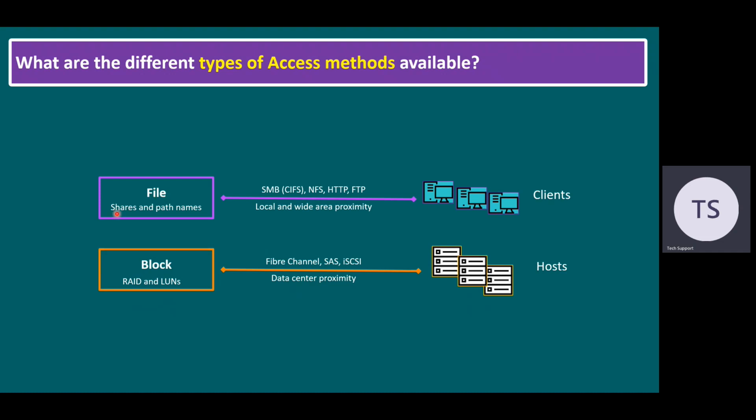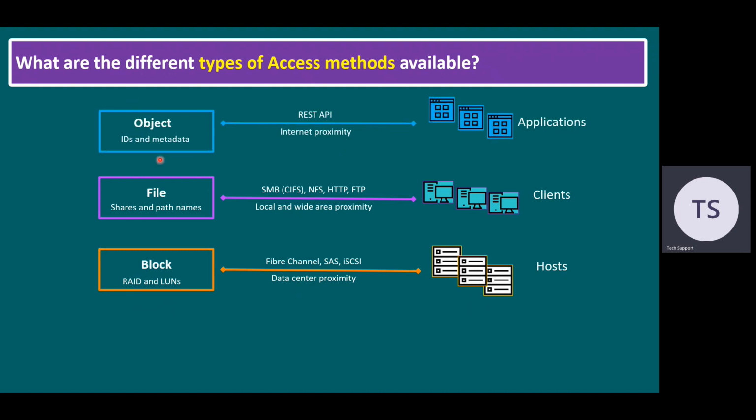For file shares, it provides access like a share and path name, and the main access protocols are CIFS, Common Internet File System, Network File System, HTTP and File Transfer Protocol. It can be accessed through local and wide area proximity, and it provides access directly to client systems. It can be a laptop or any of the workloads, virtual desktops.